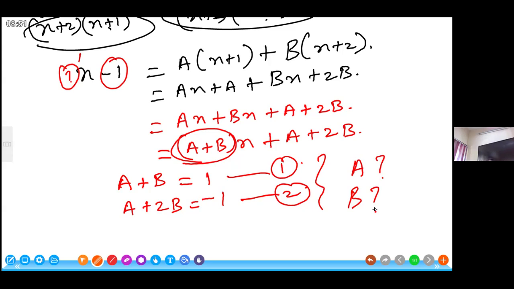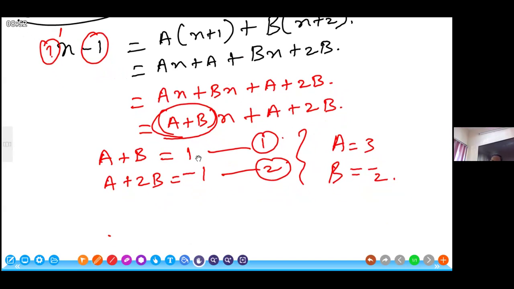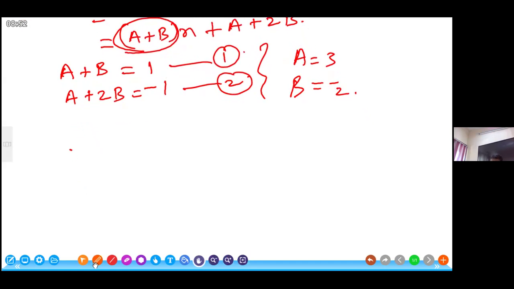A is 3, B is minus 2. Once again, A is 3, B is minus 2. Anybody getting a similar answer? The same answer? Yes, sir. Okay, right. A is equal to 3, B is equal to minus 2.